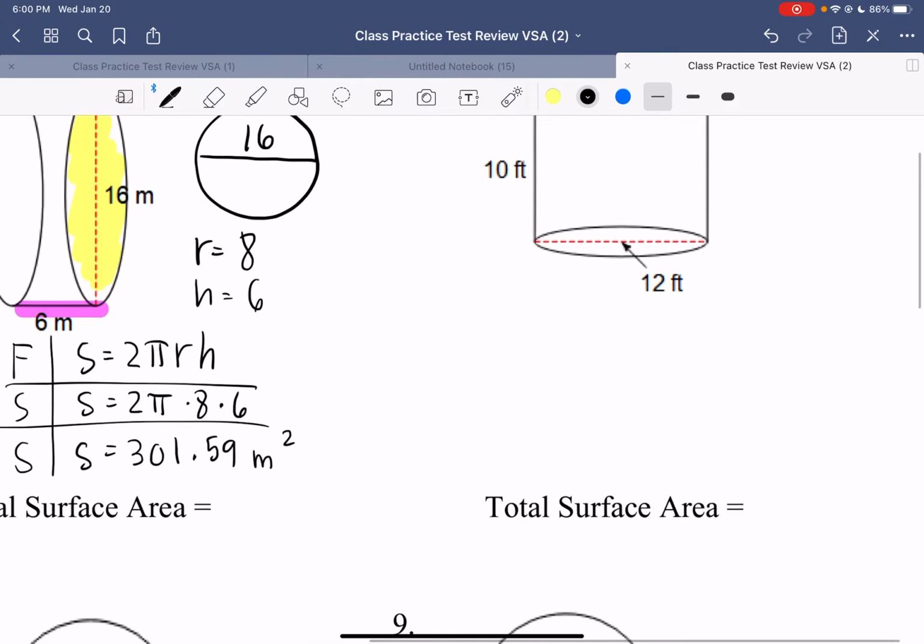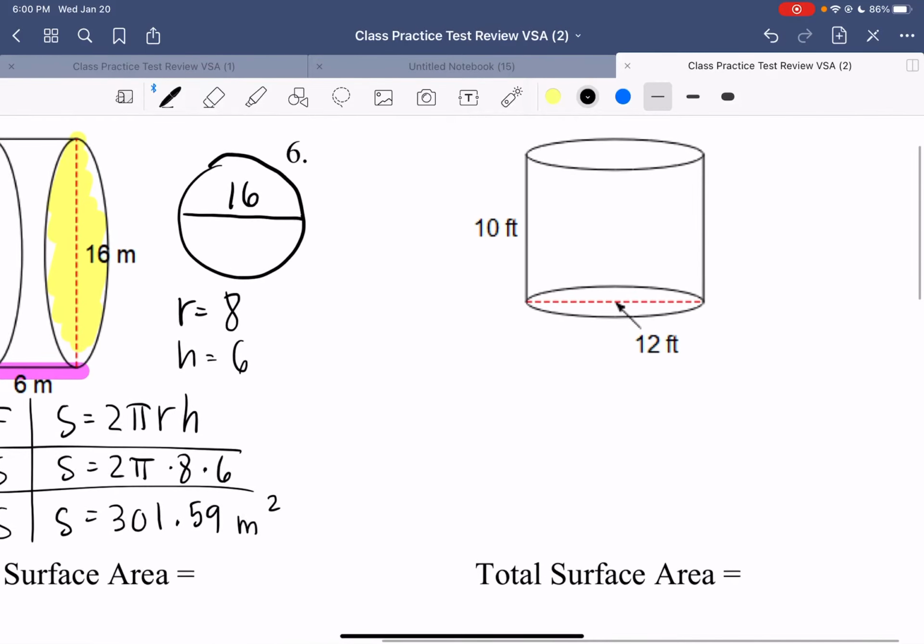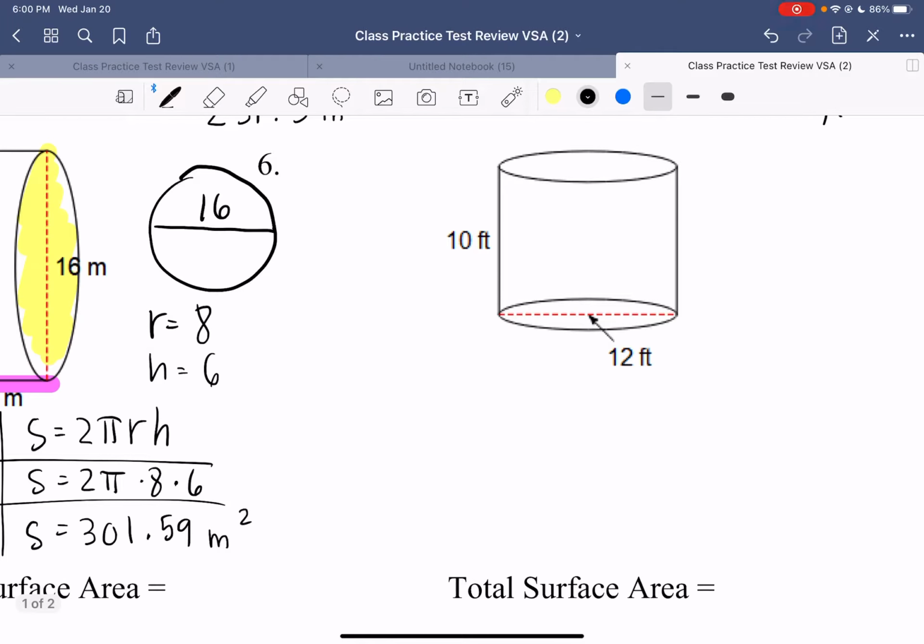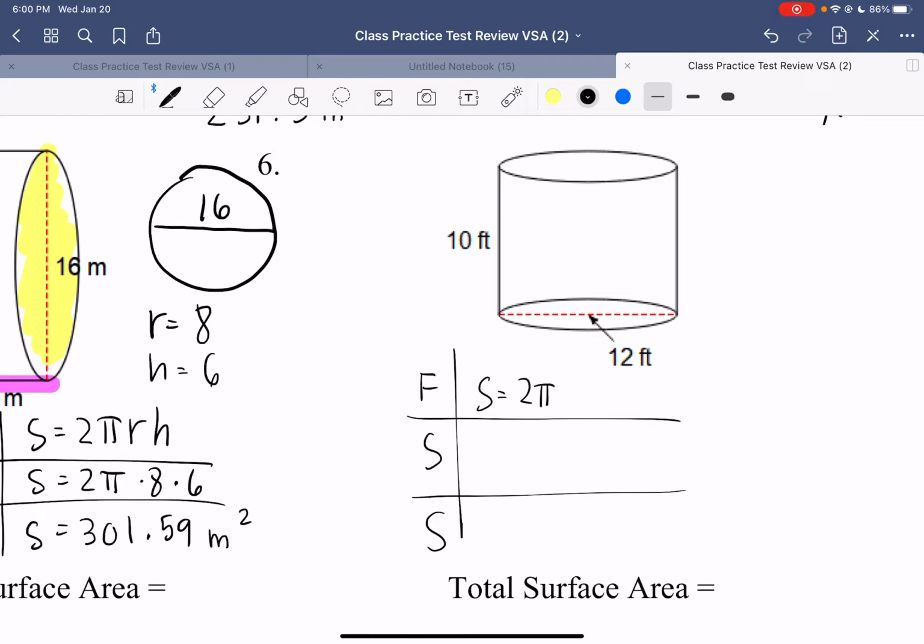Okay, and then on number 6, we're looking for total surface area. Formula, substitute, solve: surface area equals 2 pi radius height plus 2 pi radius squared. So we need a radius and a height.